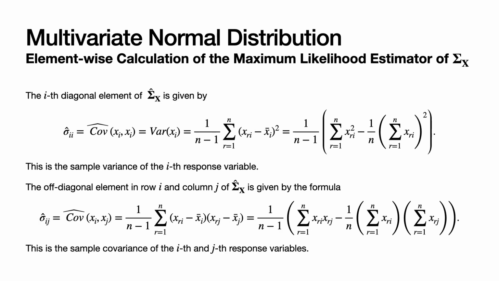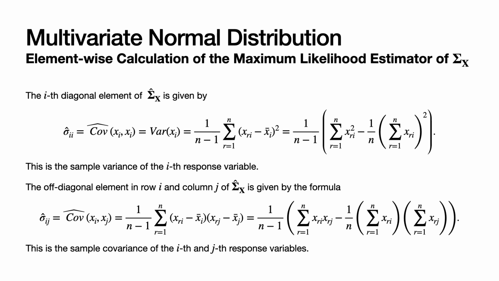And so the ith diagonal element of sigma hat sub x is given by the following. Sigma hat sub i, which is the estimated covariance of x sub i with itself. And you know that that is the estimated variance of x sub i. So I see here I've got another little typo. I should have a hat on that variance.